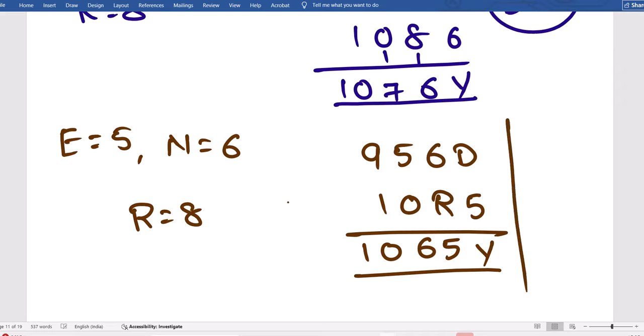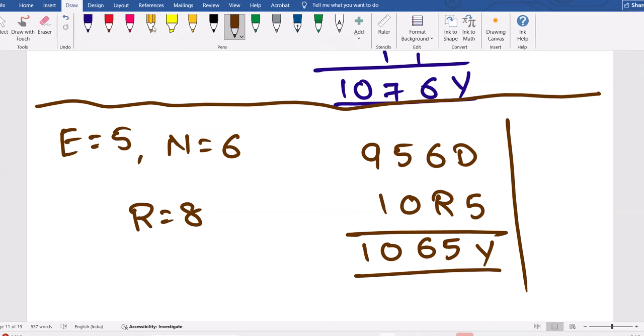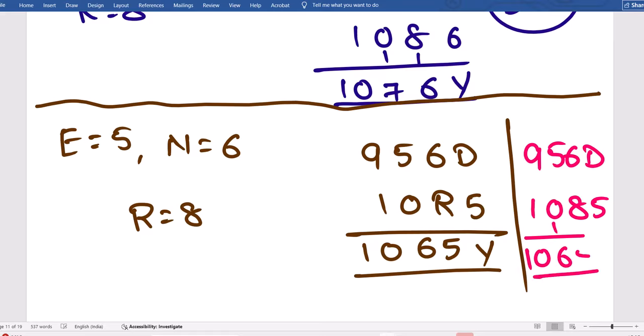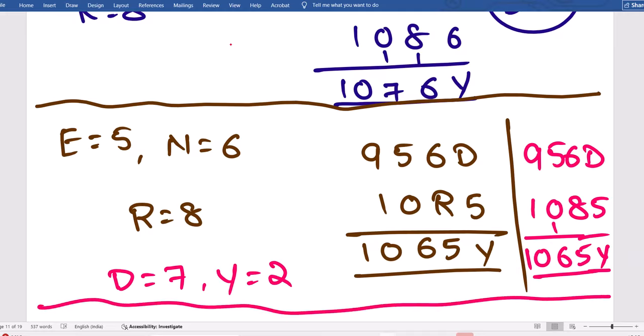We can put R value 8 in this expression. When R is 8, 956D, 1085, 106. Now what should be D? 7. D7, Y2 is okay then. Finally, without any clue in the question, with trial and error, we are successfully done.